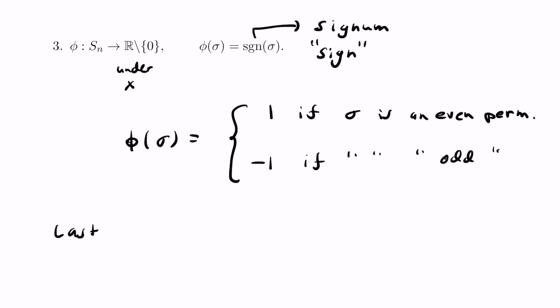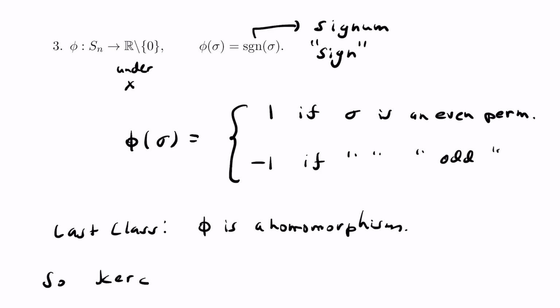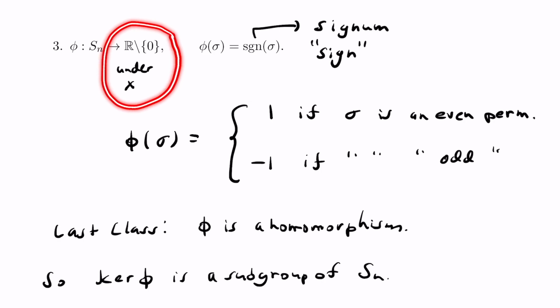So last class, we proved that phi is actually a homomorphism. So today, as a consequence, the kernel of phi is a subgroup of Sn. Okay, but what is the kernel of phi? For the non-zero real numbers under multiplication, the identity element is the number 1. 1 times anything is that number back.